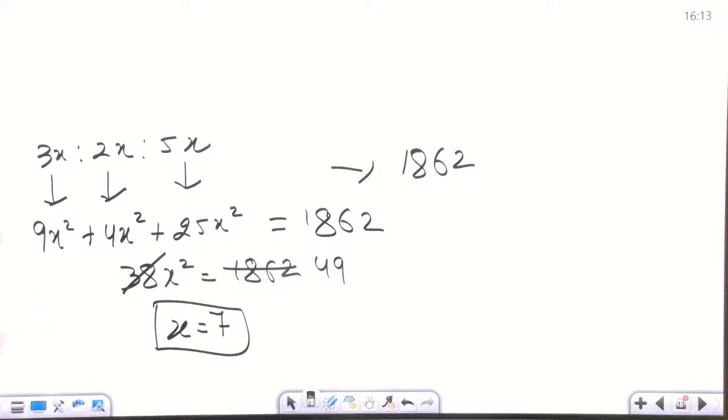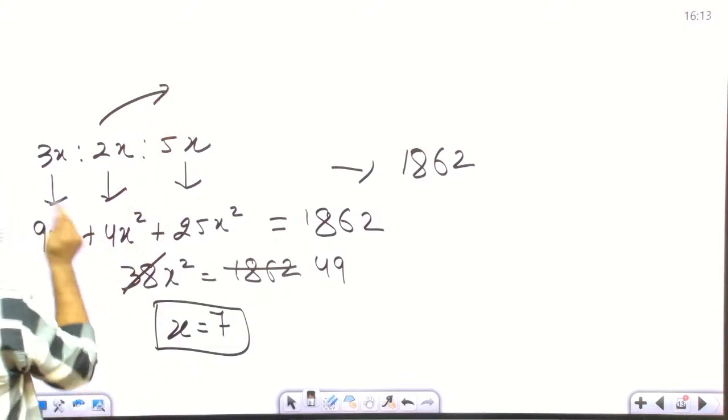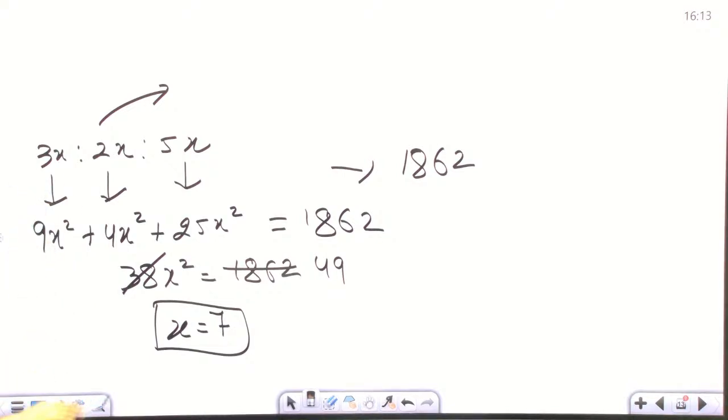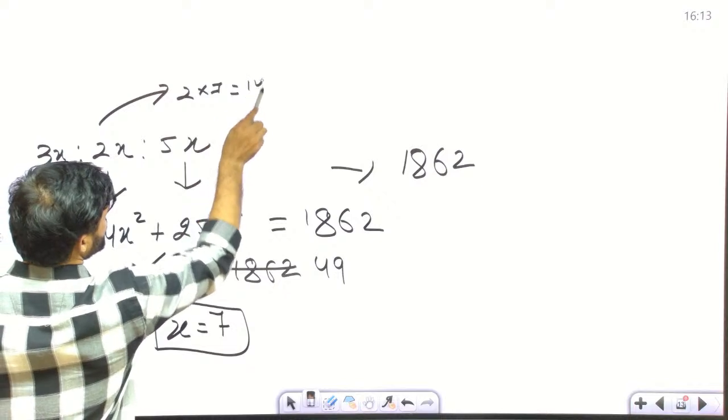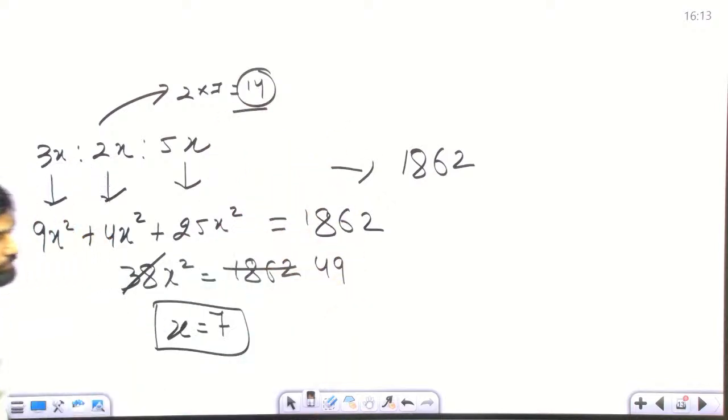You can cancel the numbers by 2 and then 19, because 38 is the product of 19 into 2, and it is obvious the number will be divided by 19. We need the smallest among them, so 2x is the smallest one. So we need the value of 2 into 7. The answer is 14. Any problem?